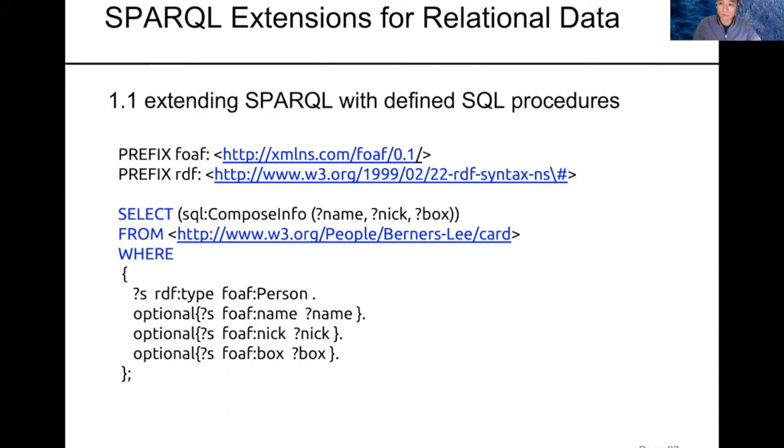And from a data set where we are looking for someone who has type person, and someone has a specified name, a legal name. The person has a mailbox.